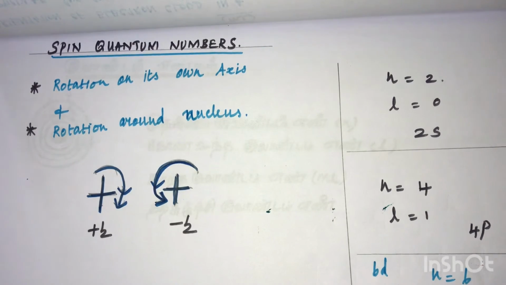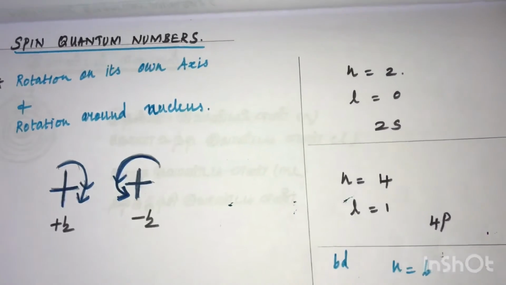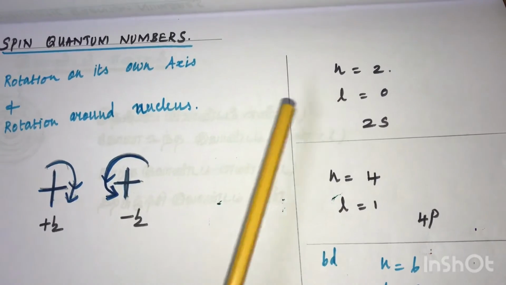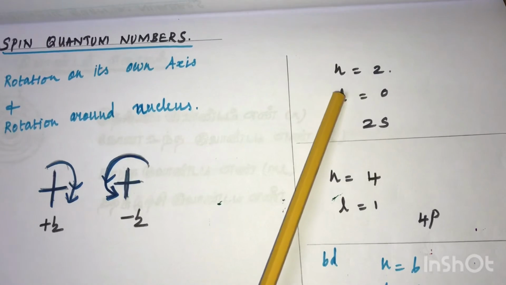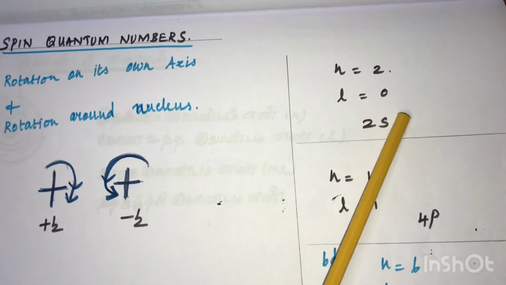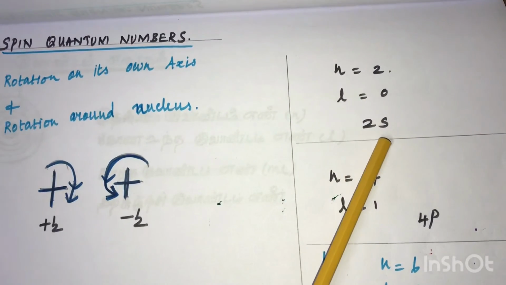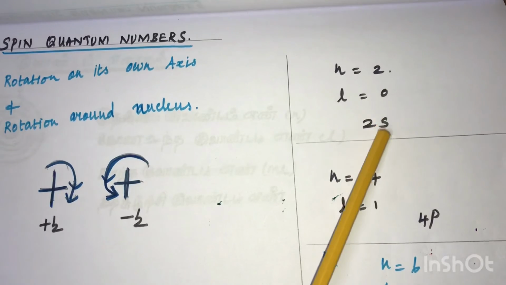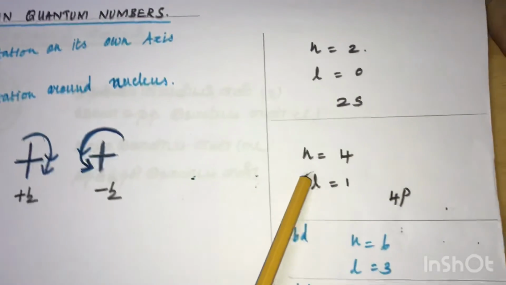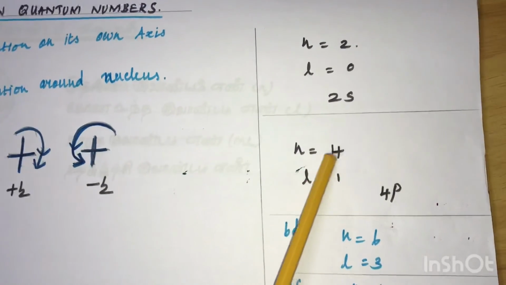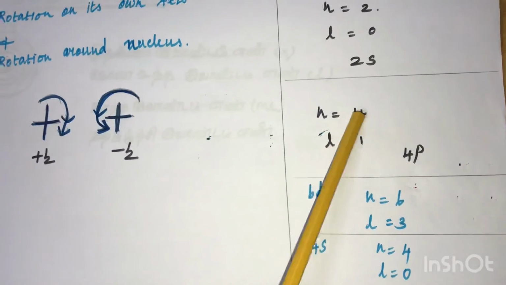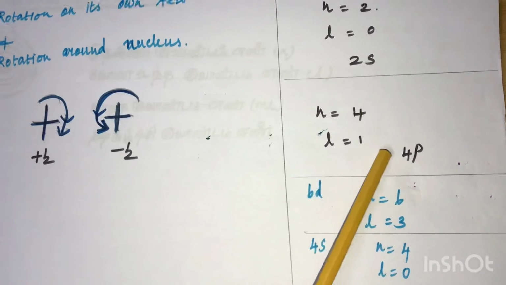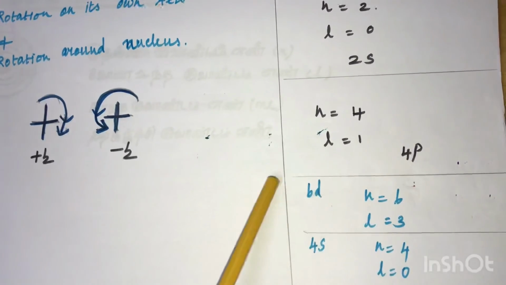Next one is how to calculate the orbital with the given values of n and l, principal quantum number and azimuthal quantum number. For n equal to 2, l equal to 0, that orbital is 2s orbital. l equal to 0 means s orbital. For n equal to 4 and l equal to 1, what is the orbital? n equal to 4 main energy level, l equal to 1 means p orbital, 4p orbital.